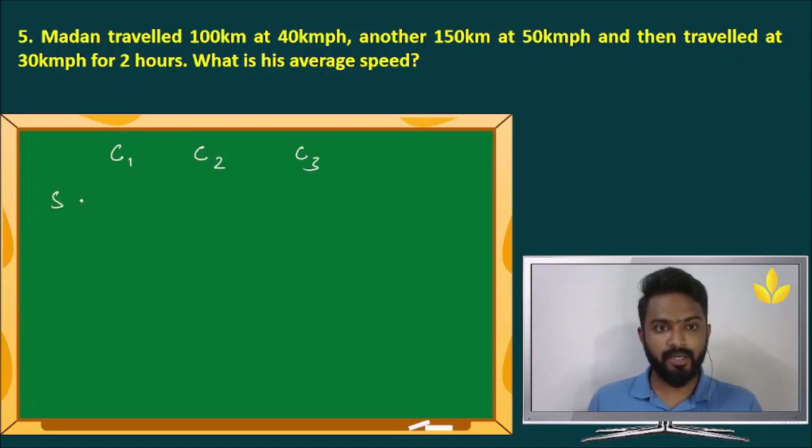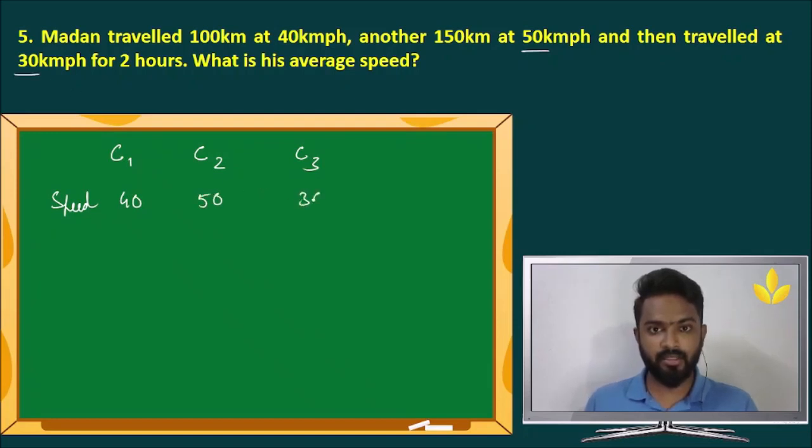We have speeds: 40 in case 1, then 50 in case 2, and then 30 in case 3. Now when it comes to the distances, we have 100 kilometers, then we have 150 kilometers, and we don't know the distance in this case.